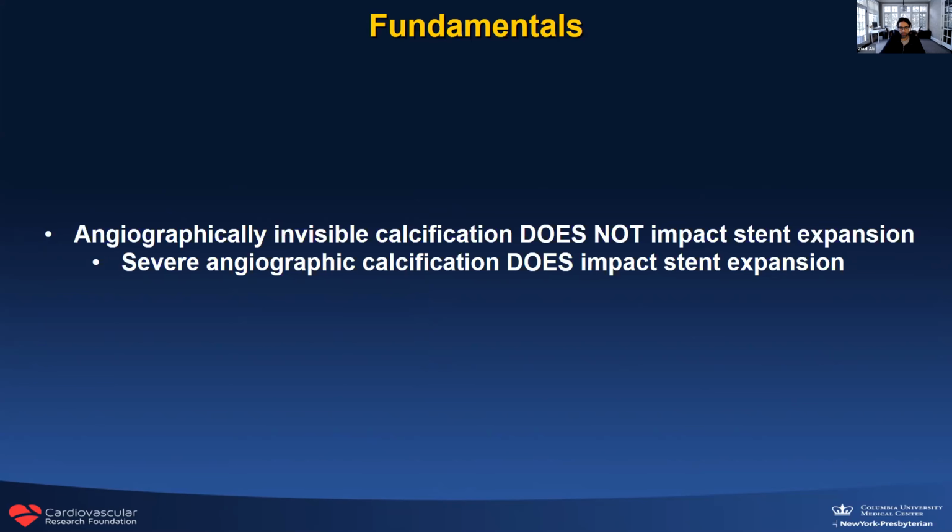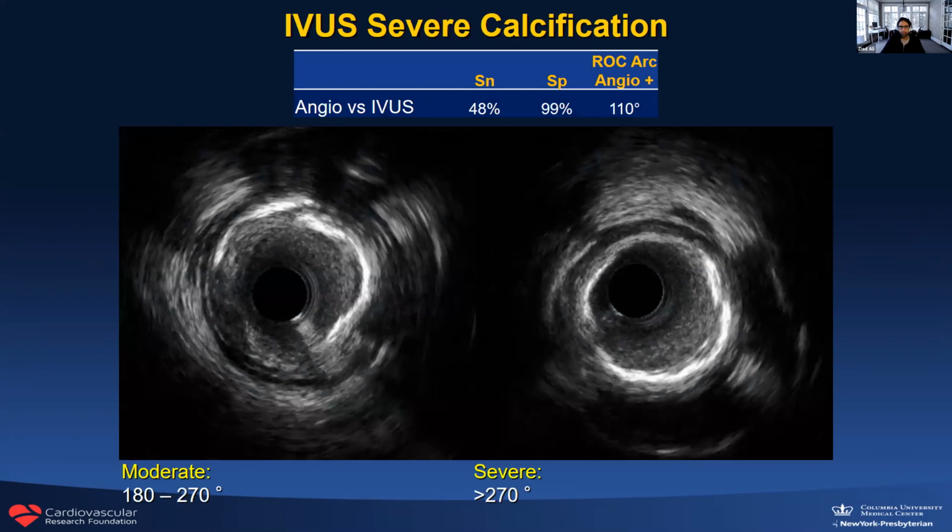Severe angiographic calcification does impact stent expansion. Where moderate to severe fits in remains to be determined. Most of us are familiar with the appearance of calcification on IVUS. The typical criteria, many of which Gary pioneered, are moderate calcification of 180 to 270 degrees and severe calcification greater than 270 degrees.